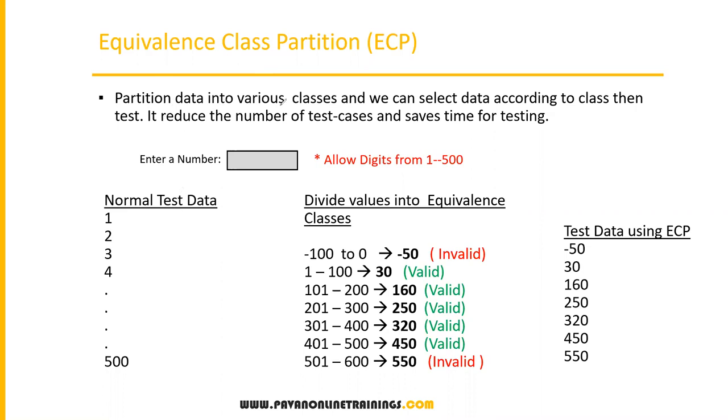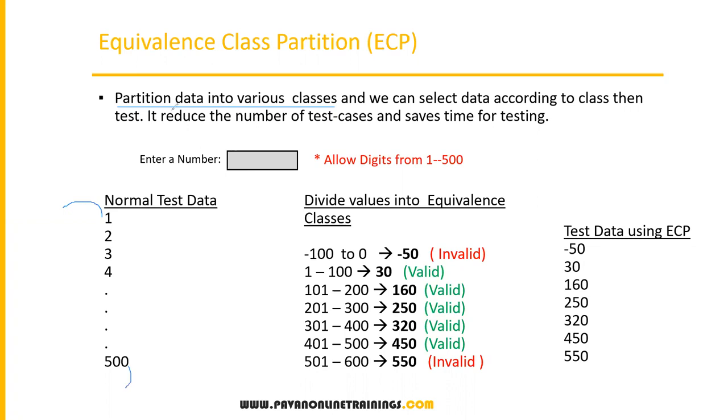So partitioning data into various classes. This is the first step we will do. So how can we partition the data? Let us say 1 to 500 are allowed. Before one, we also have to test some numbers because that is invalid data. It should not allow. And after 500 also, whatever numbers we have should be tested. It should not allow them, that is negative data. So we should also include them.